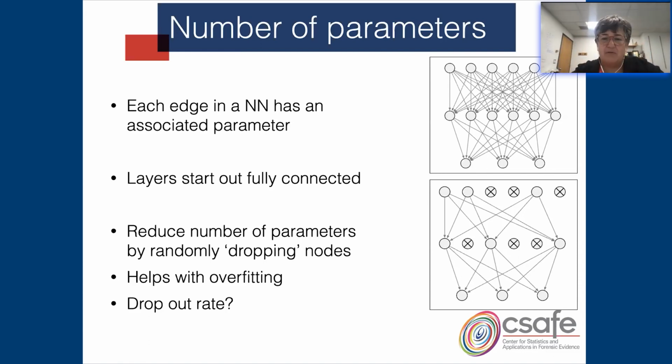That adds another parameter. What should the dropout rate be? So here the dropout rate is a half for the first layer and a half for the second layer, and 0 for the last layer.